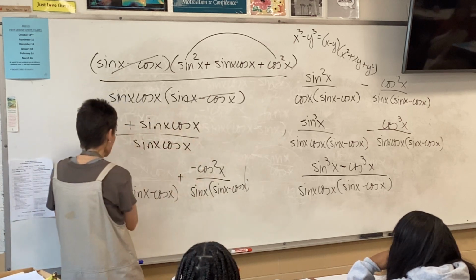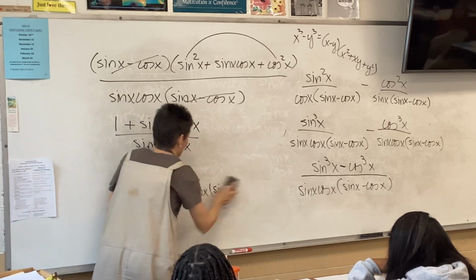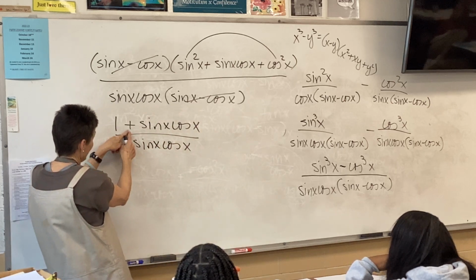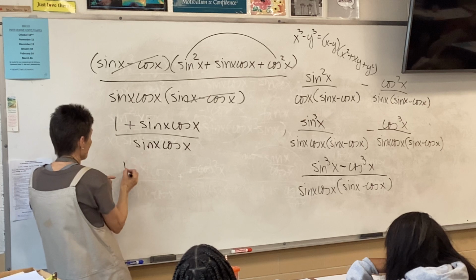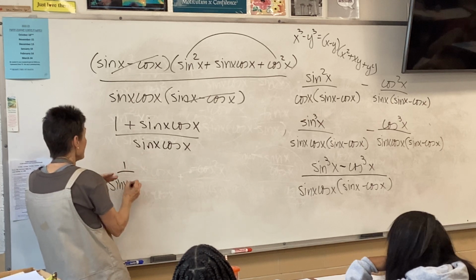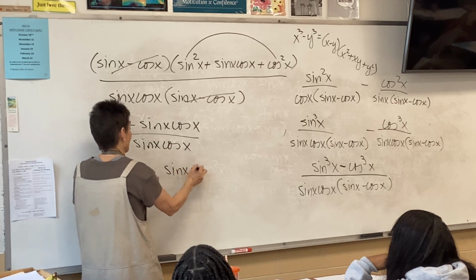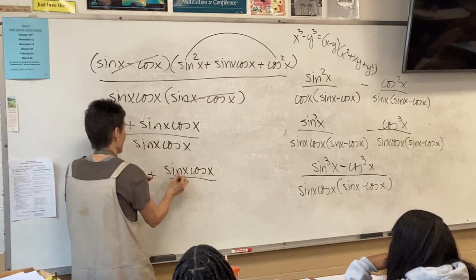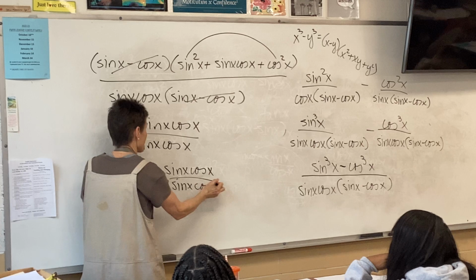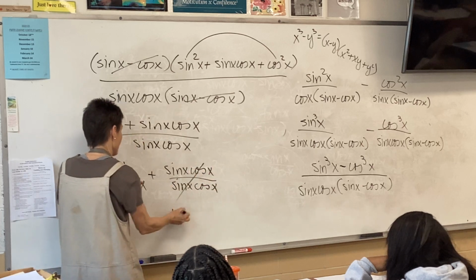Now, please don't cancel at this point because of that plus sign. But you can uncommon denominator it and write it as 2 separate fractions. And now you can cancel it.